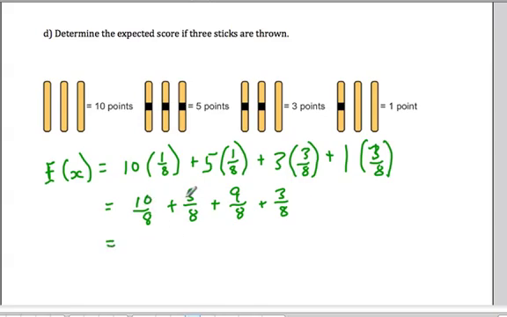So 10 plus 5 plus 9 is 24, plus 3 is 27 out of 8, which works out to be 3 3/8, or 3.375. So that is the expected score for playing 3 sticks.